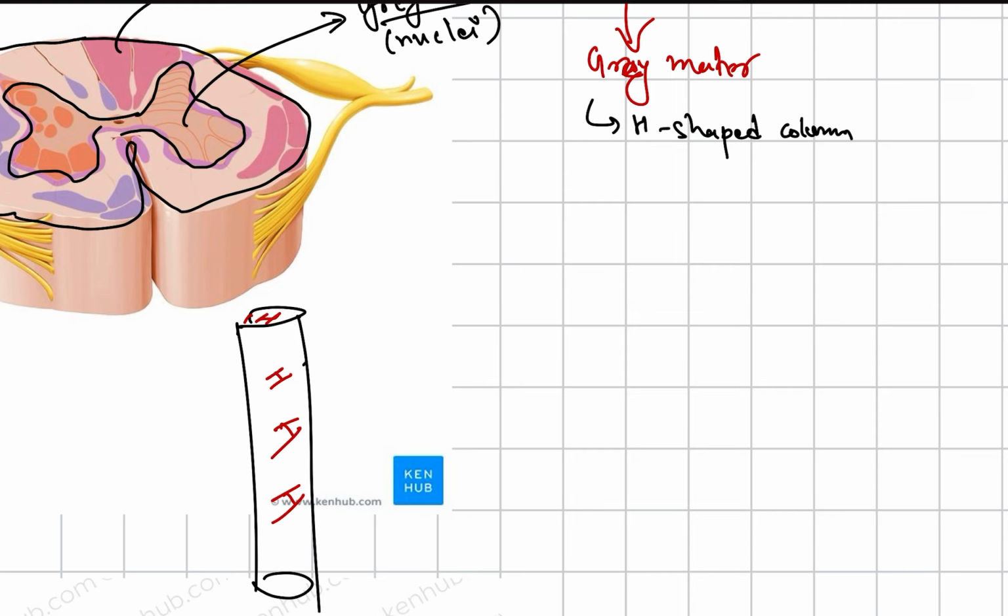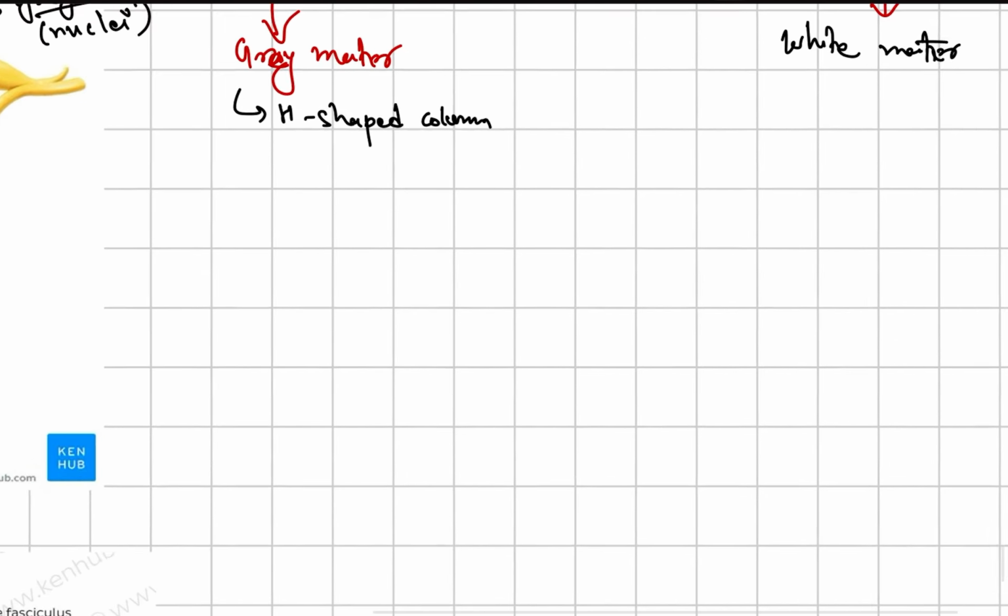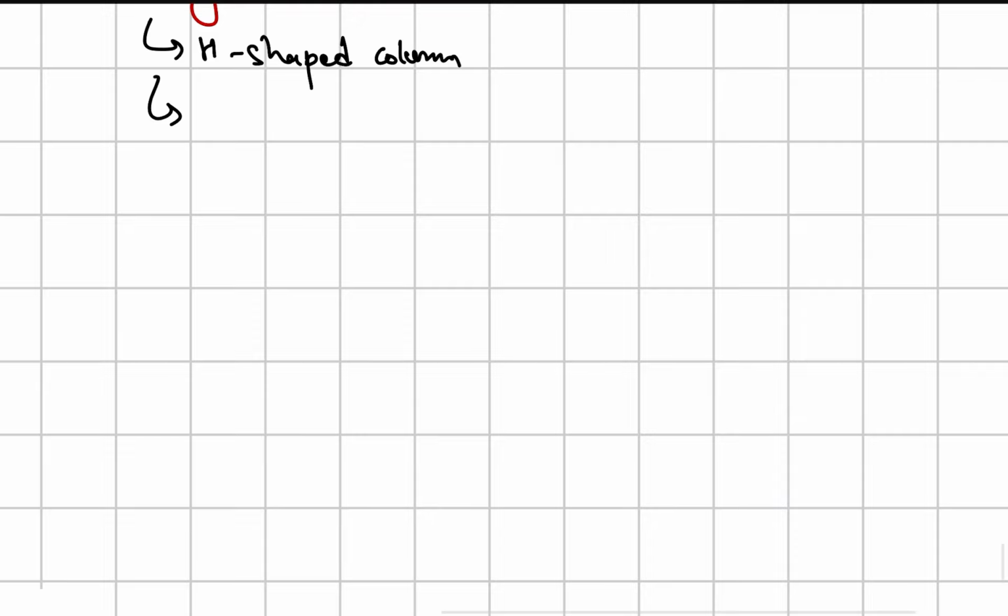This is the cord section; when we look, there is H-shaped gray matter extending throughout the length.